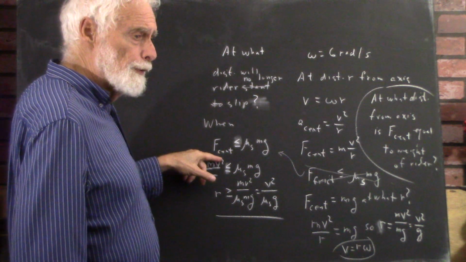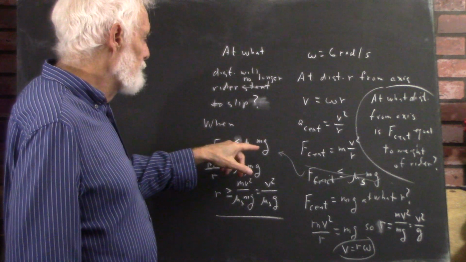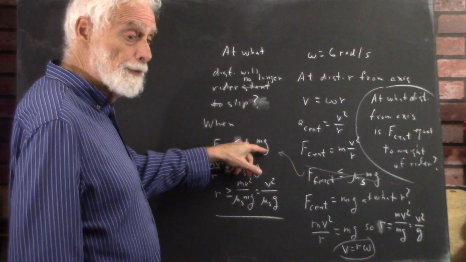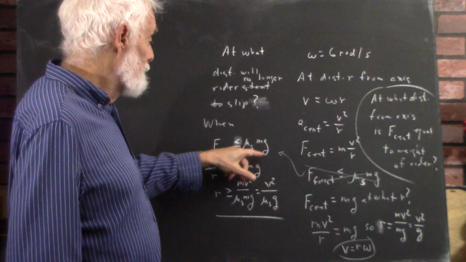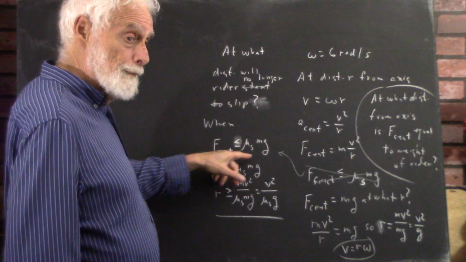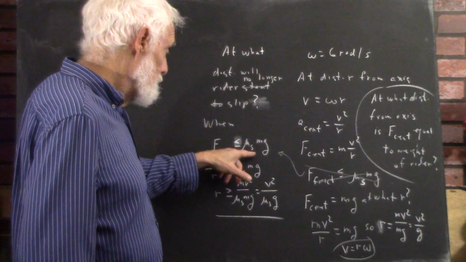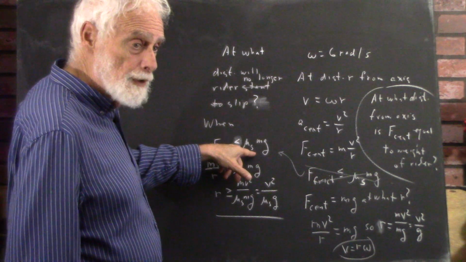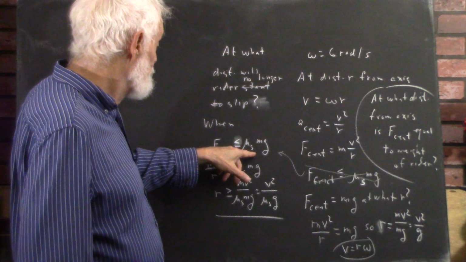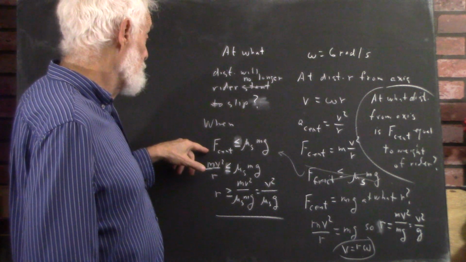So your centripetal force, in order for the rider not to slip, must be less than or equal to the coefficient of static friction times the rider's weight. Because if it's greater than that, the force due to friction is not going to be sufficient to supply the centripetal force.